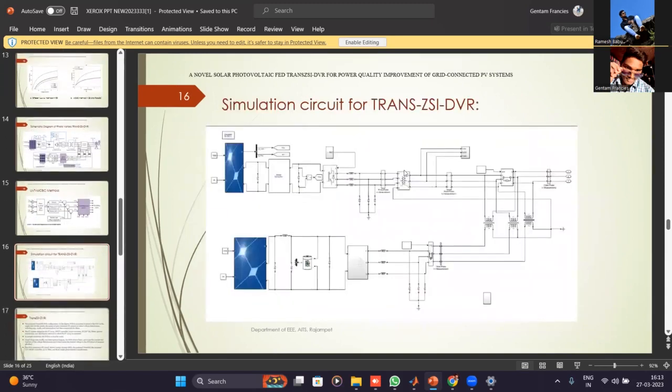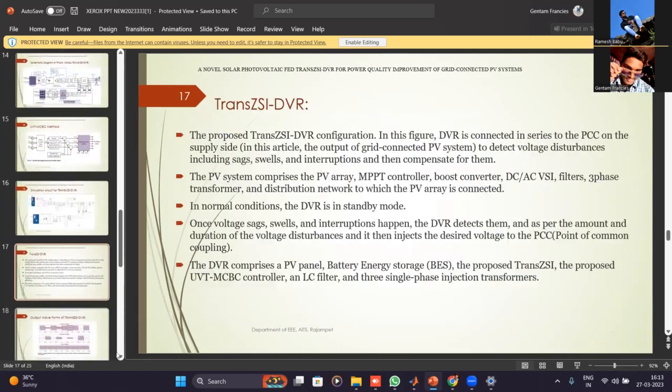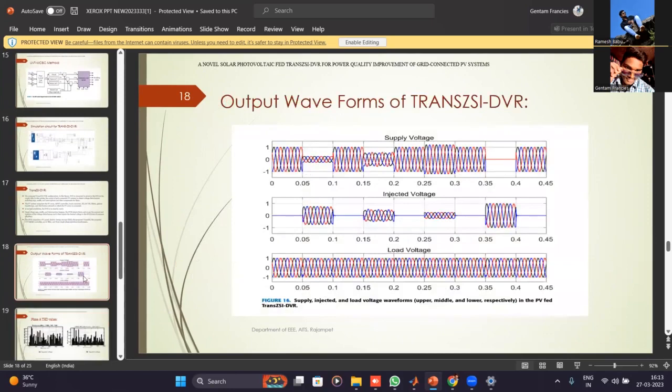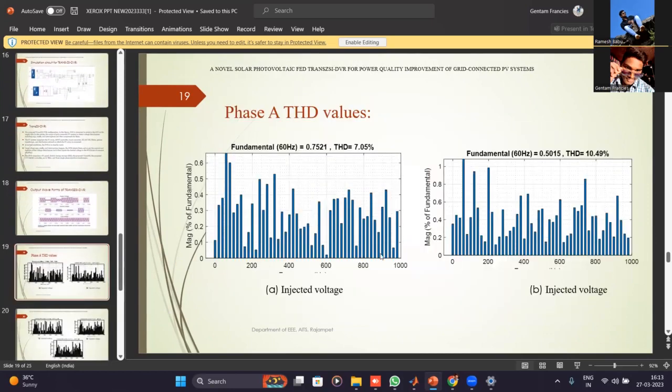This is the proposed system, the TransZSI, implemented in MATLAB, where we have seen different case scenarios, and we have compared each of the signals with the desired one and with the traditional ones. This is a pure sinusoidal form.